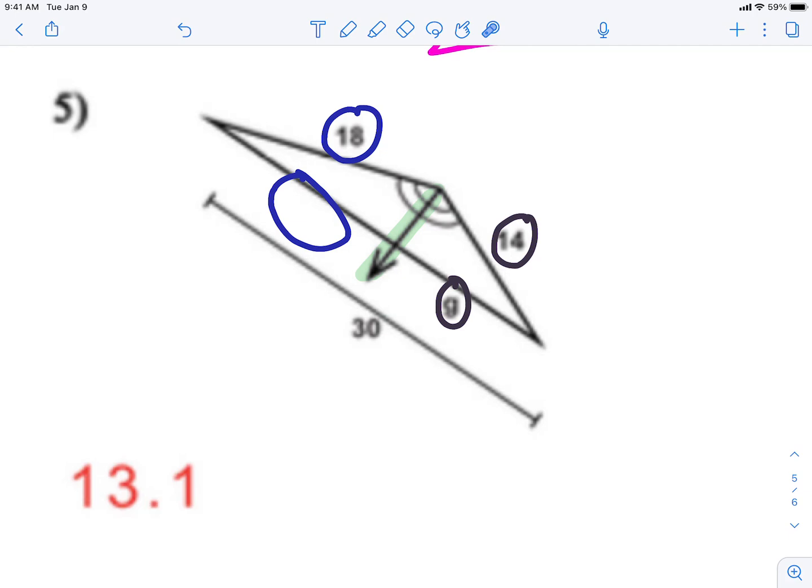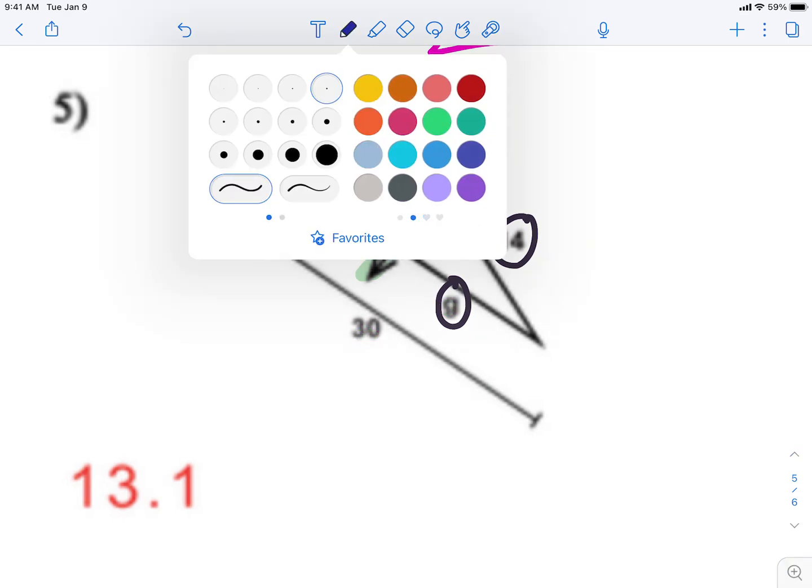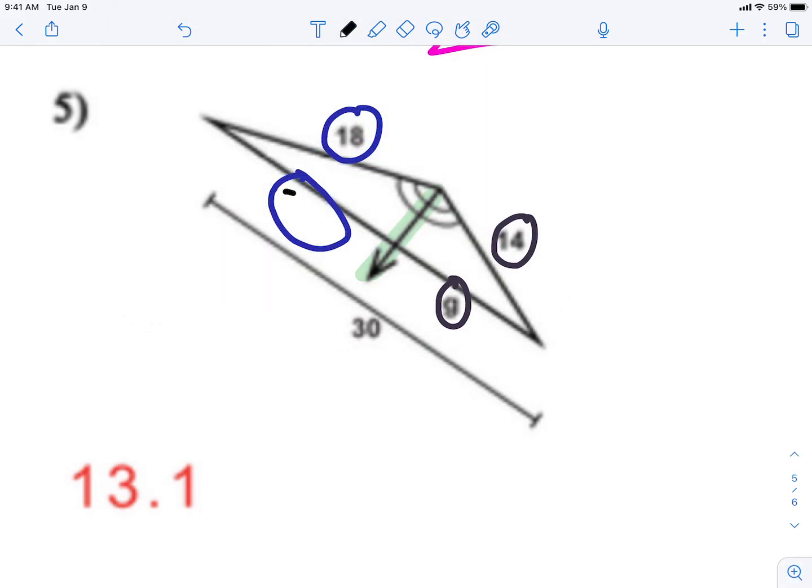But remember that we have the whole thing, 30. And we have this short one, which is G. So if I subtract this whole thing minus the short one, it gives me the other short one, the missing one. 30 minus G. So I'm going to write here 30 minus G.